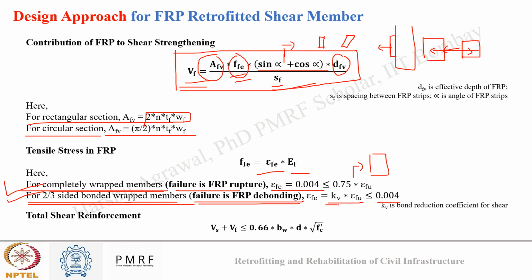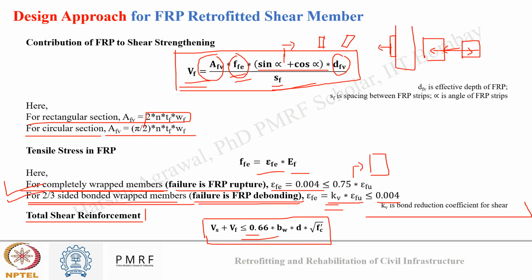Here kV is my bond reduction coefficient for shear, which we'll see later on. And finally, the shear reinforcement after installation of FRP should satisfy this equation as per code. We'll see later on how this equation comes into action.